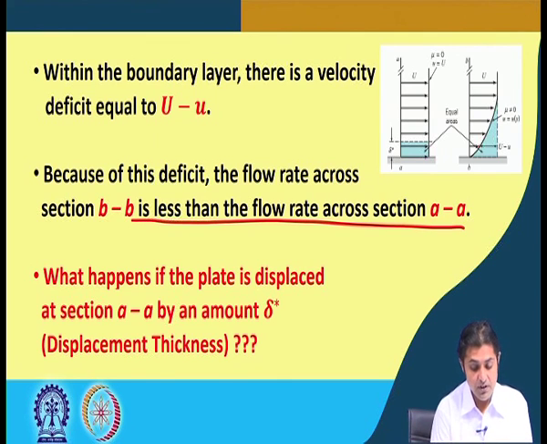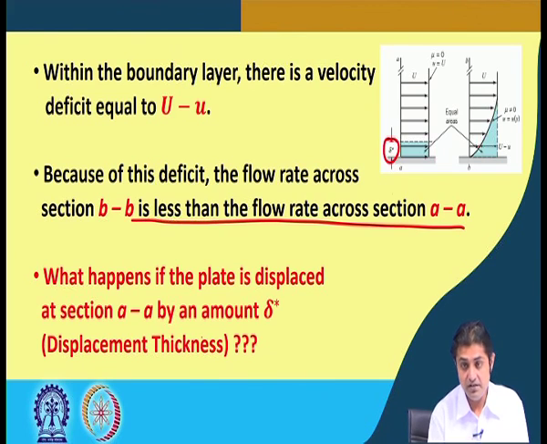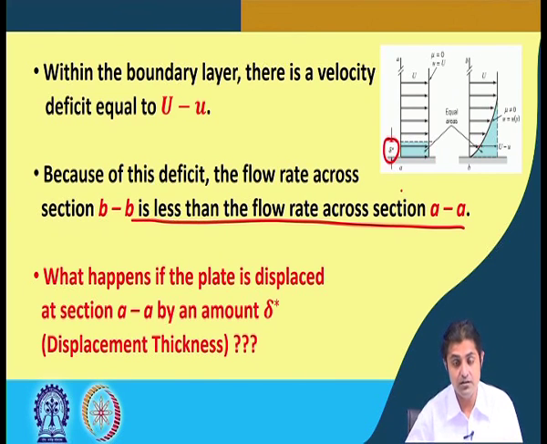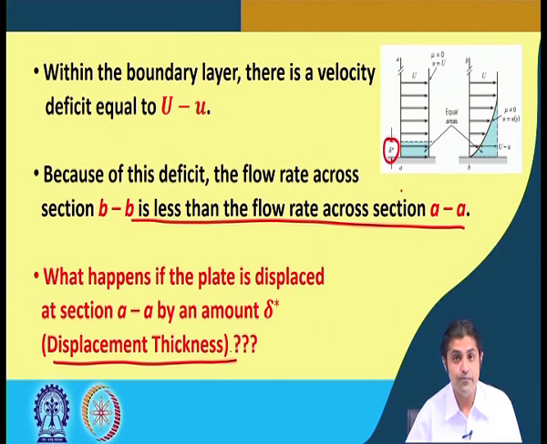My question to you is, what happens if the plate is displaced at section AA by an amount delta dash? Here, this delta dash is called the displacement thickness. Okay. With this we will see in the upcoming lecture.